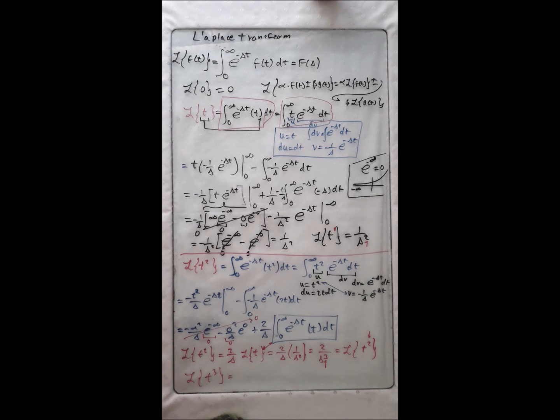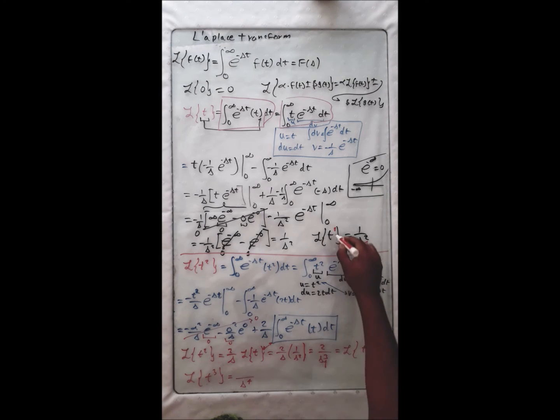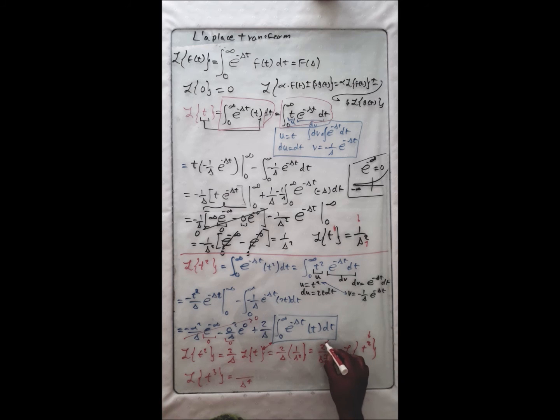If this is 3, then this should be s to the power of 4. But what is the number here now? Check this out. This is 1, and here you have 1. This is 2, now you have 2. Now because this is 3, you should have 3. However, you have to multiply by the previous, because this is 2 times 1. So this is going to be 3 times 2 times 1.